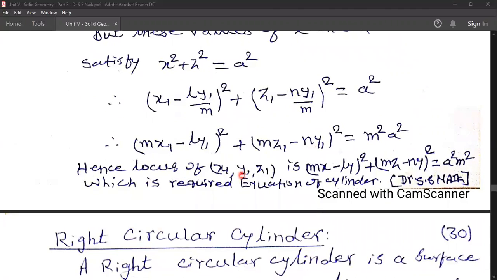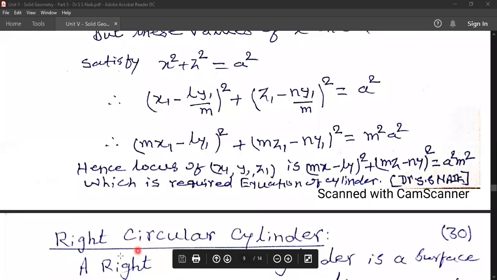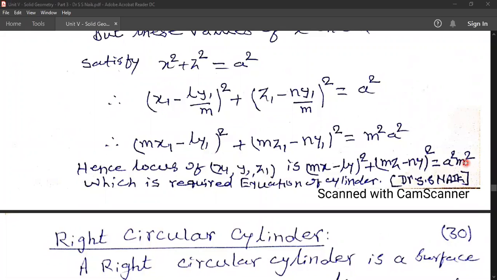Hence the locus of x1 y1 z1 is this. So this is the general value. So replace x1 y1 z1 by x y z. You get the locus of the point becomes (M x minus L y) square plus (M z minus N y) square is equal to a square M square, which is the required equation of the cylinder.